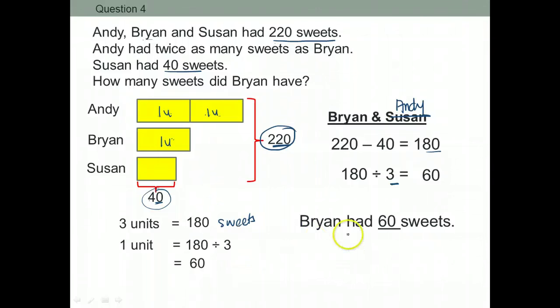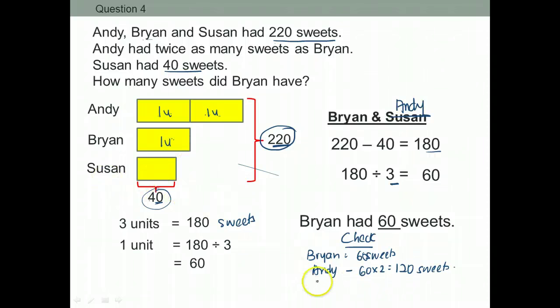Let's check and see if our answer is correct. So if Bryan has 60 sweets, Andy will be 60 times 2, which is 120 sweets.